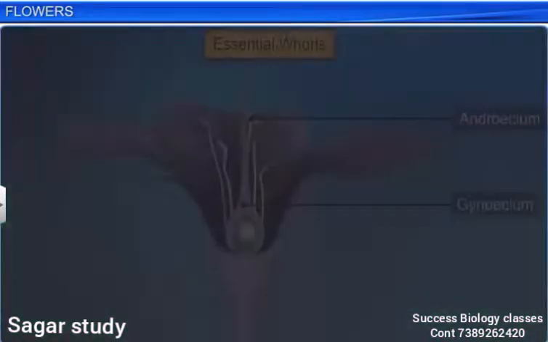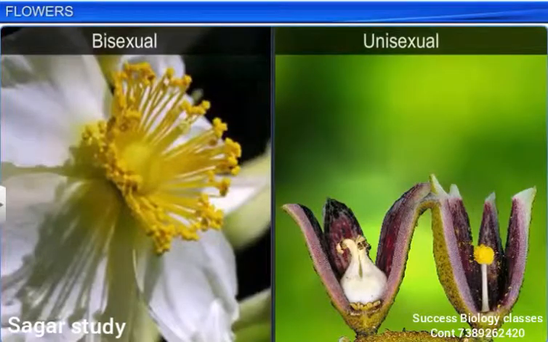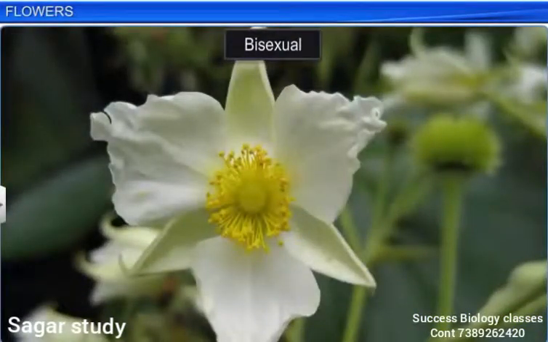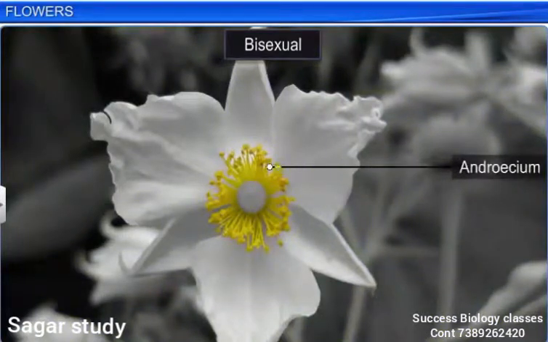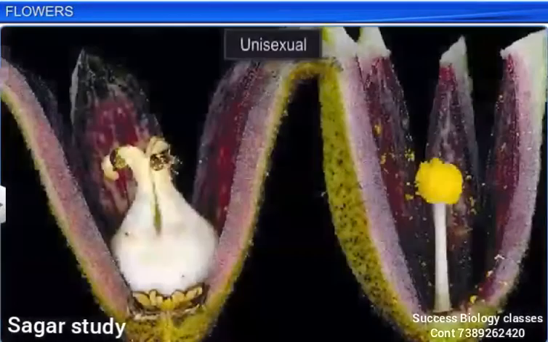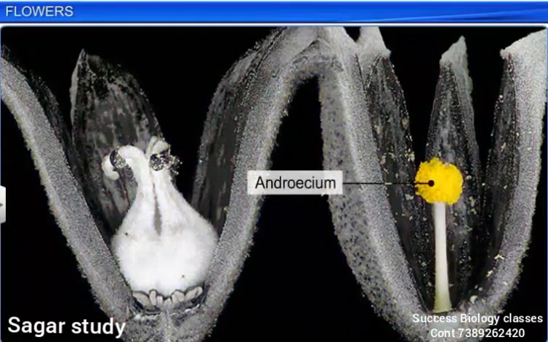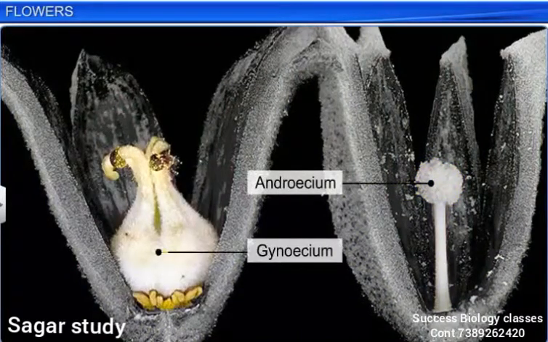Flowers can be either bisexual or unisexual. A bisexual flower has both andrecium and gynoecium, while a unisexual flower has either andrecium or gynoecium.